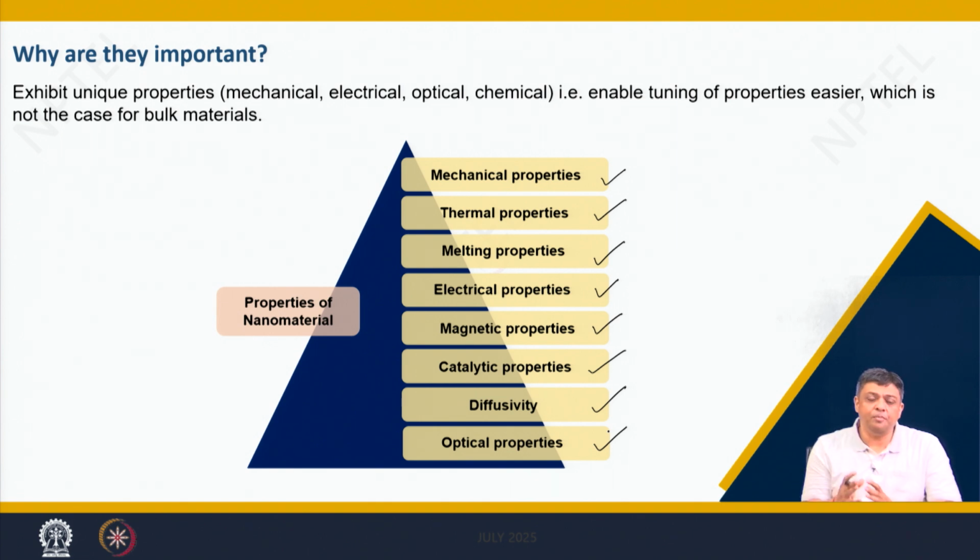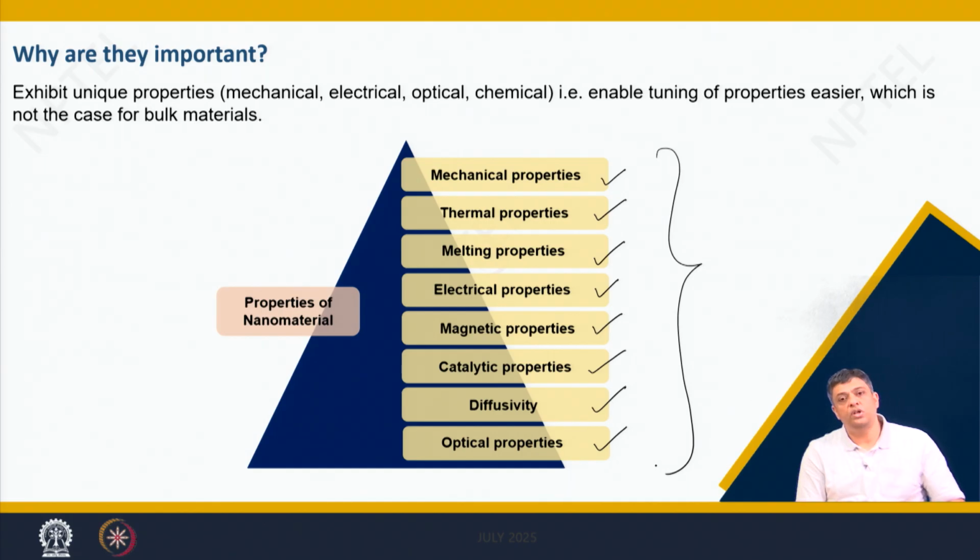These are some of the properties which will get modified, and you can list many more. This is not an exhaustive list which is mentioned here. There are many other properties which are being discovered on daily basis that are modified as we move from bulk to nano-sized particles.